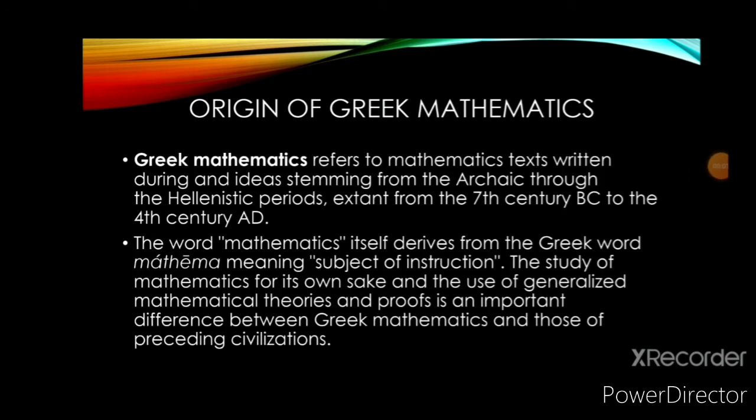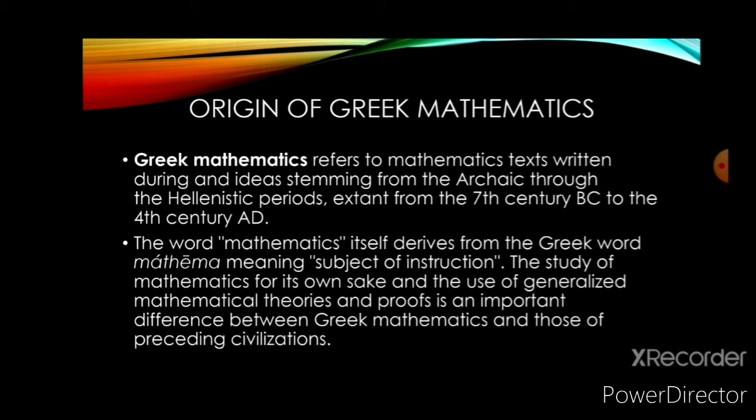Greek mathematics refers to the mathematical texts written during, and ideas stemming from, the Archaic period through the Hellenistic periods, extending from the 7th century BC to the 4th century AD.